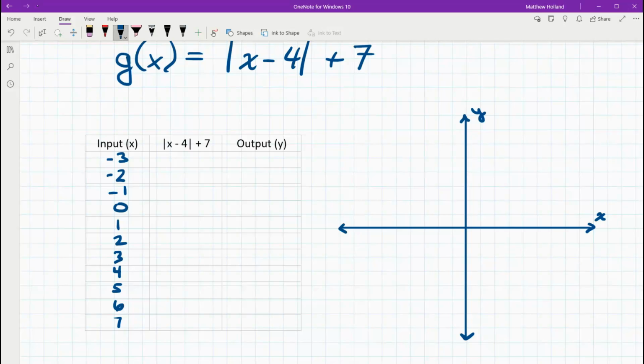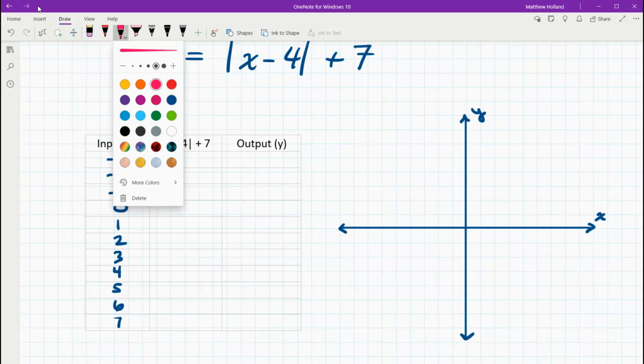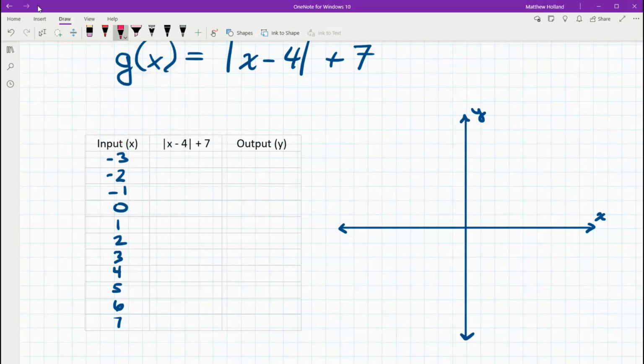Okay, so let's start with plugging in negative 3. We're going to put in a negative 3 wherever we see x. So this is absolute value of negative 3 minus 4 plus 7. Well, negative 3 minus 4 is negative 7, and the absolute value of negative 7 is positive 7.